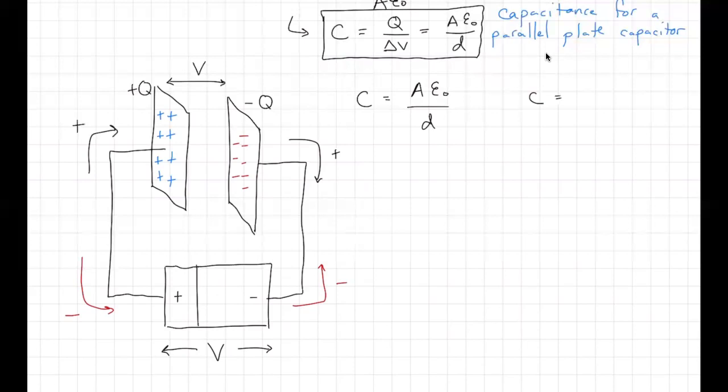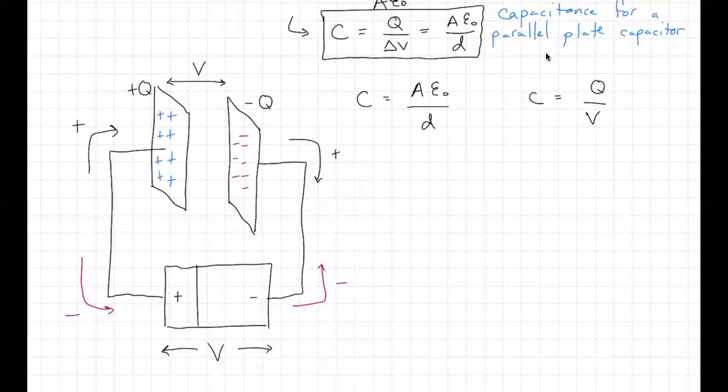So here's another way of thinking about capacitance. If the voltage is fixed, but the capacitance goes up, the charge has to go up. And the physical way to think about that is if we increase the area of the plates, there's just more space to fit charge on the plates. So you don't get as strong of repulsion because the same amount of charge wouldn't be as dense on a larger plate.